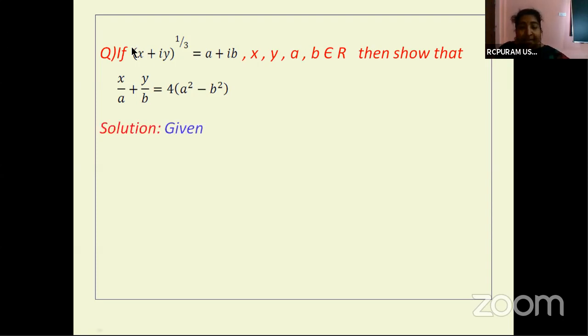Now, let us take the given equation, that is x plus iy whole power 1 by 3 is equal to a plus ib. See, your power is a fraction, isn't it? So this is the third root, that is 1 by 3 in the power. So this 1 by 3 can be removed only by cubing on both sides.